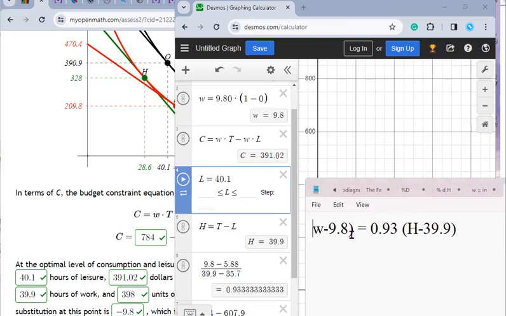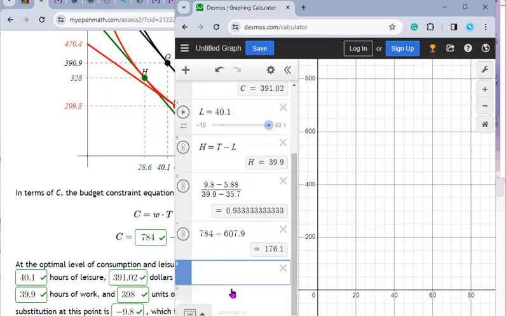So what I'm going to do here is distribute 0.93 to the H and to this, right? And then I'm going to add 9.8 to both sides. So I can do this arithmetic in Desmos. The intercept is 46.907.